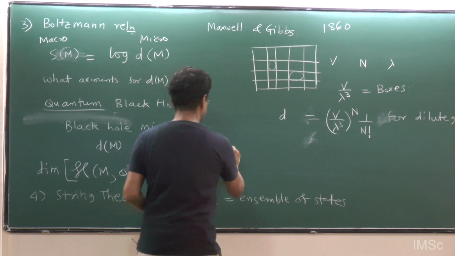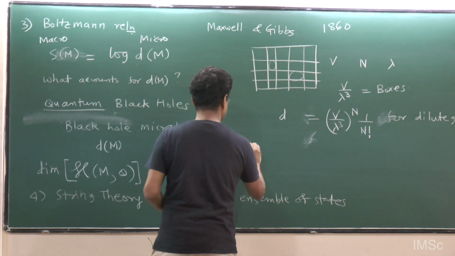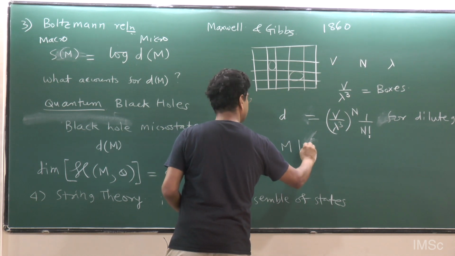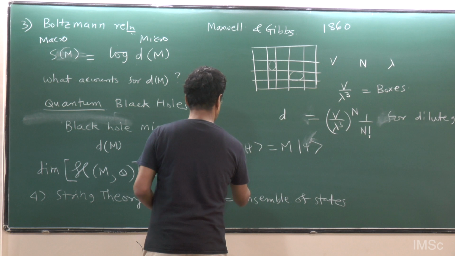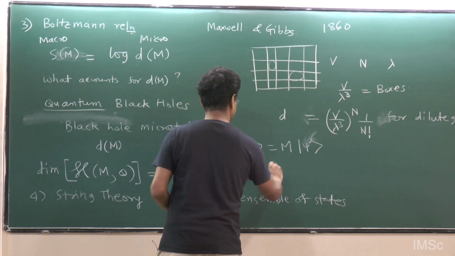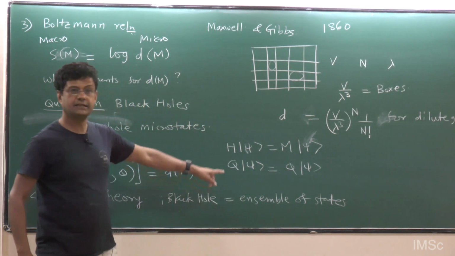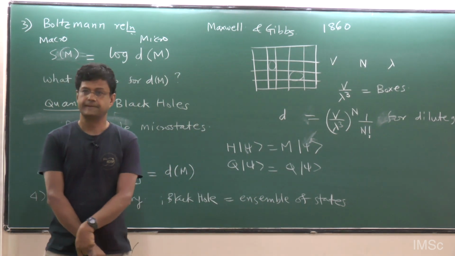Suppose a Hamiltonian is some operator, you want to look at states which have energy m, and if there is a charge operator, you want to look at states which have these properties, right? And this defines a Hilbert subspace.